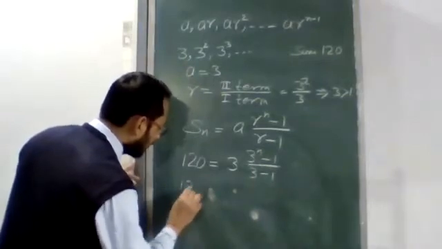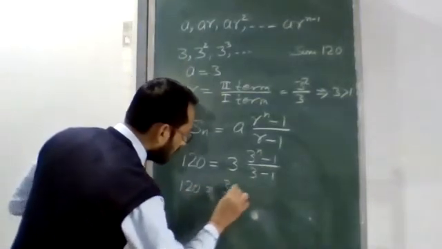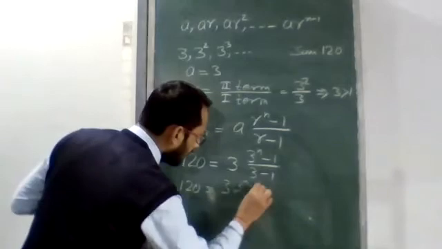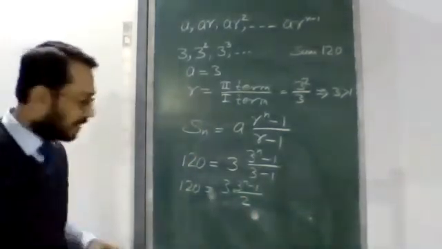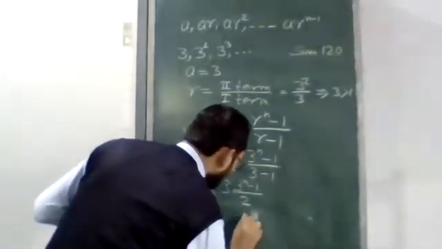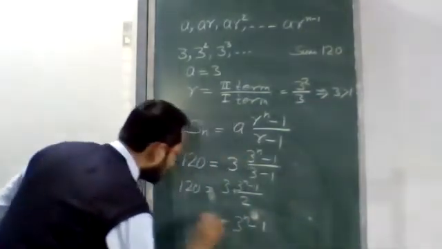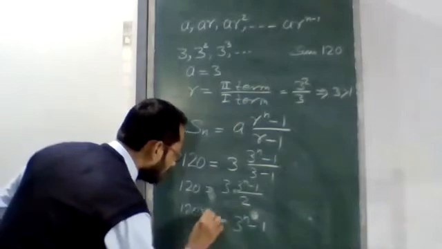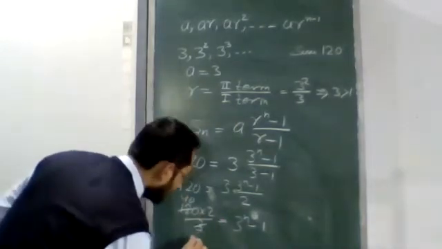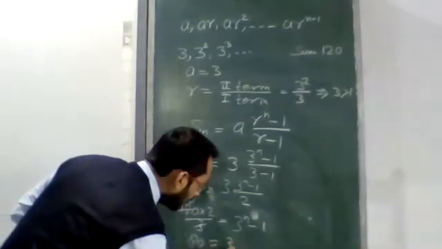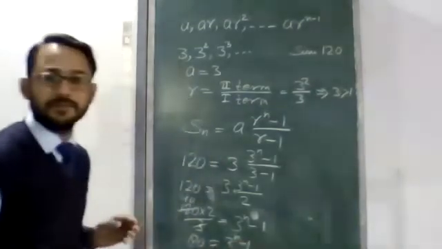It becomes 120 equals 3 into 3 to the power n minus 1 upon 2. Now, simplifying it, 3 to the power n minus 1 is equal to 120 into 2 by 3, so 80 is equal to 3 to the power n minus 1.